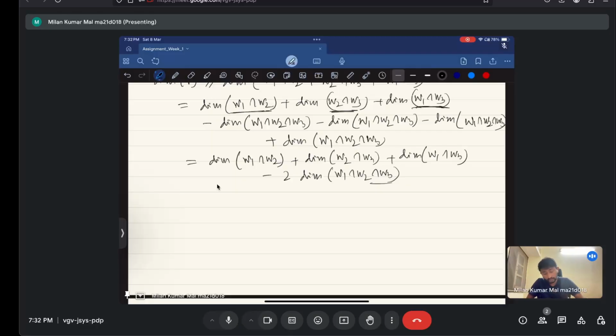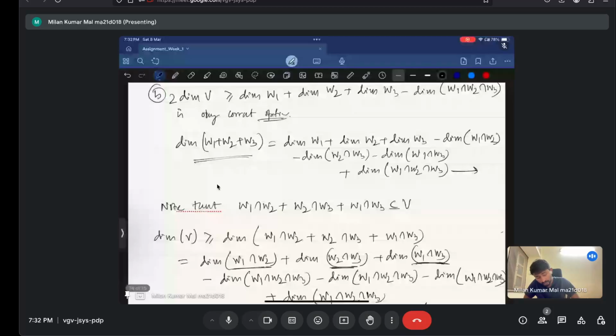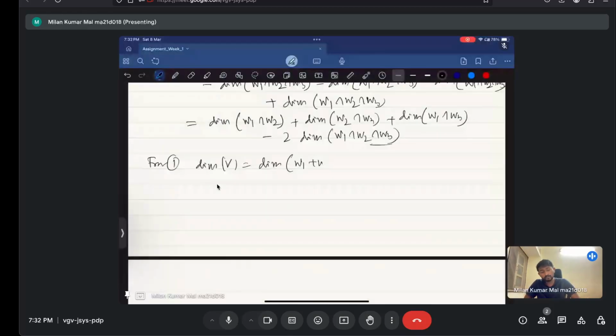So from 1, what we are getting is that dimension of V is equal to dimension of W1 plus W2 plus W3.